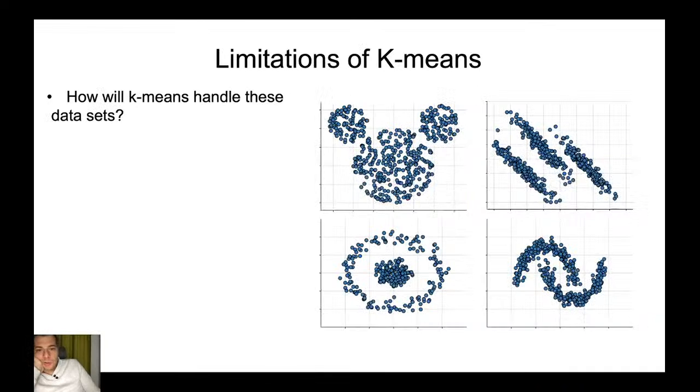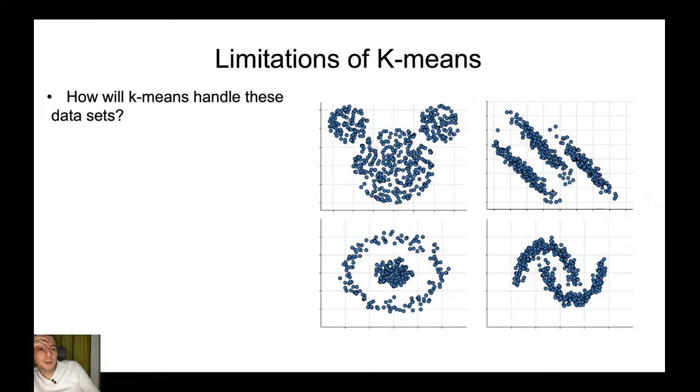Okay, so yeah, the limitations of k-means are obvious if we look at these examples. These are some common data sets that are used to evaluate clustering algorithms. This is a Mickey Mouse dataset where we have three clusters of data points, the one here, and the one in the center.